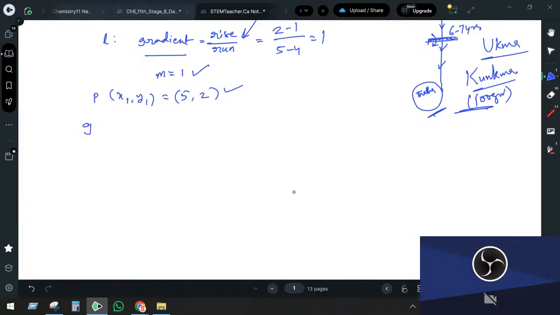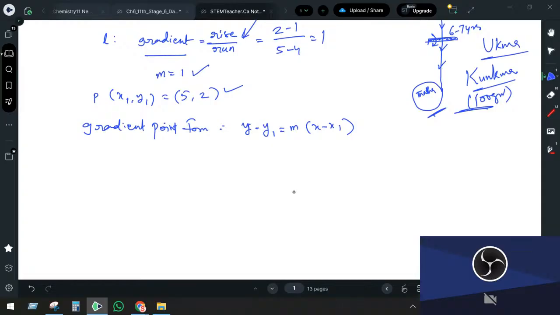So the gradient point form is y minus y1 equals m into x minus x1.